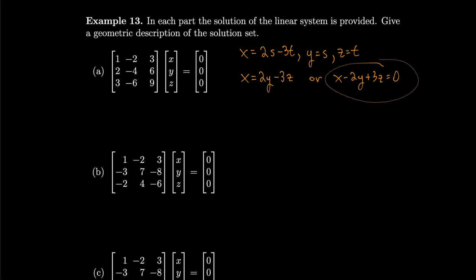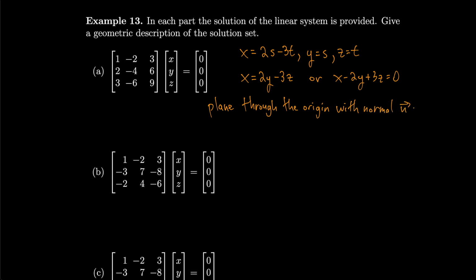Because in this form, it becomes obvious that geometrically this is a plane through the origin with the normal vector n equals (1, minus 2, 3).